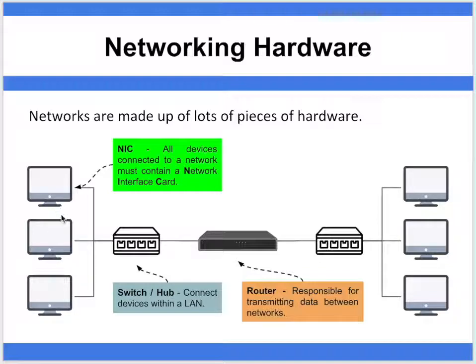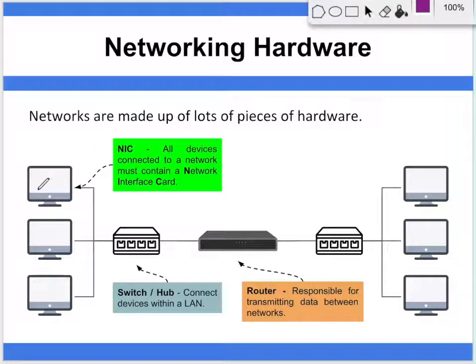So let's say, for instance, this is computer A, and if I just draw this on here, if this is computer A and we have computer B and we have computer C, if computer A and C want to talk to each other, a hub will transmit the data.